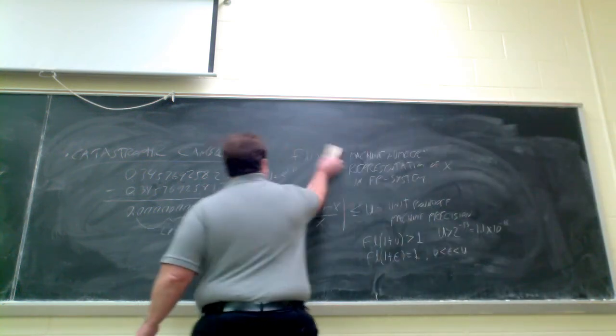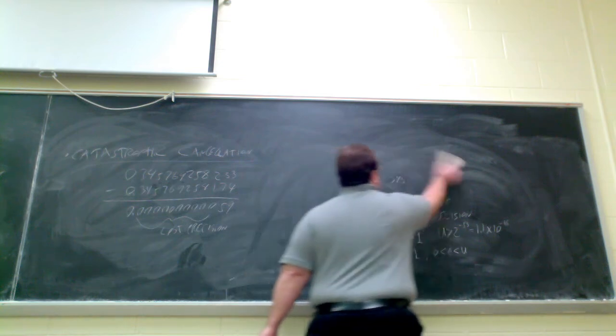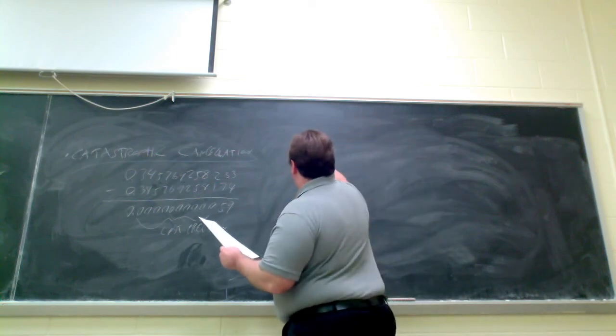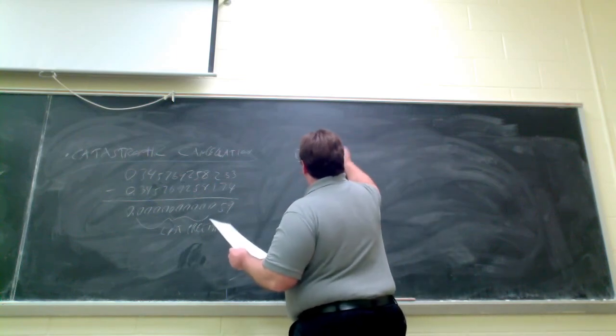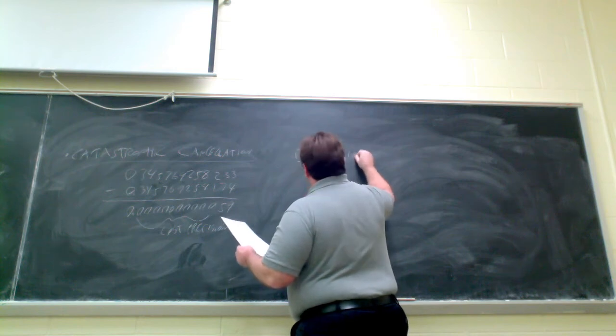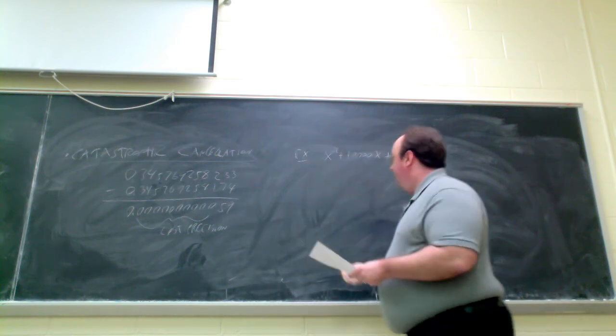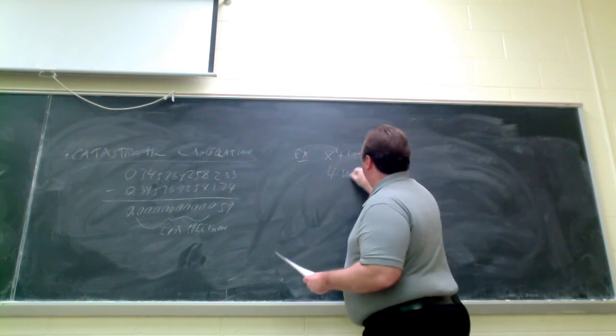This can cause problems with something as simple as the quadratic formula. For example, here's a polynomial, x squared plus 10,000 x plus 1, and I use 4-digit rounding arithmetic.